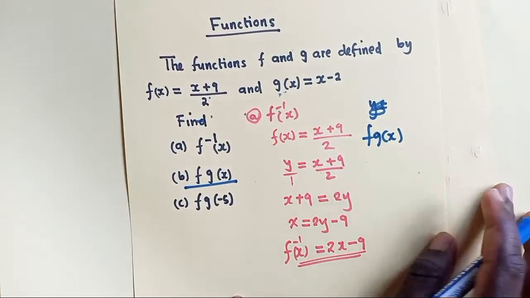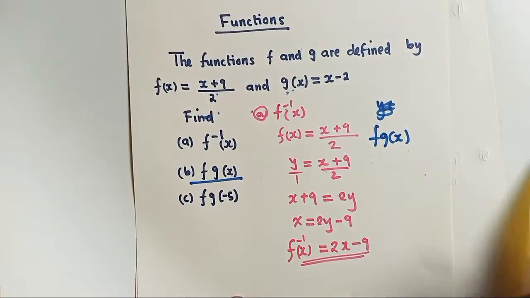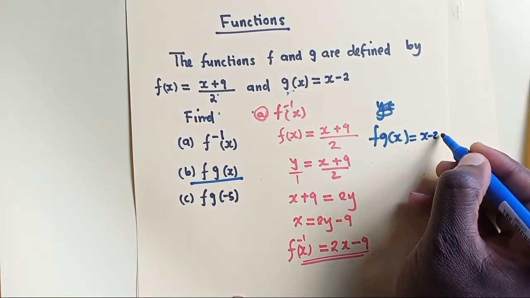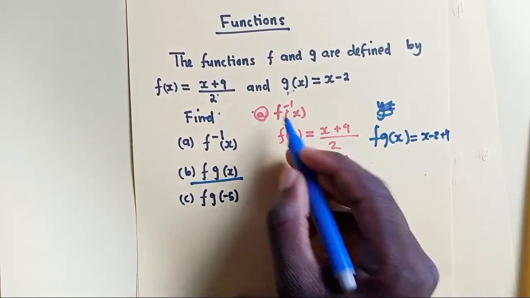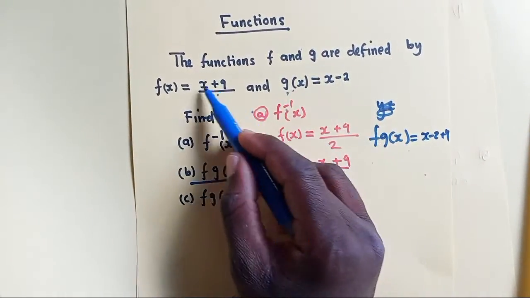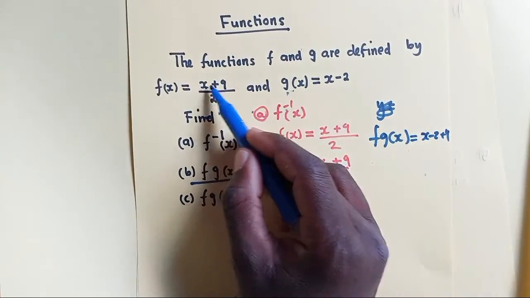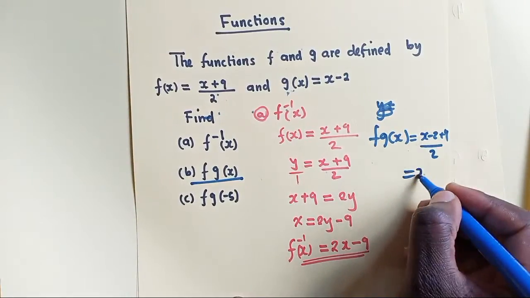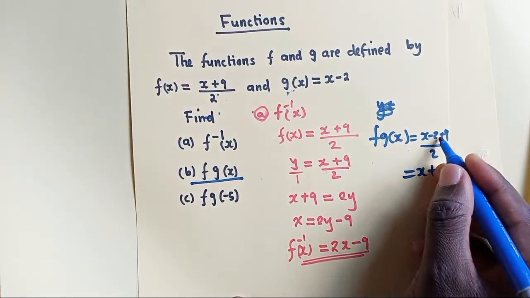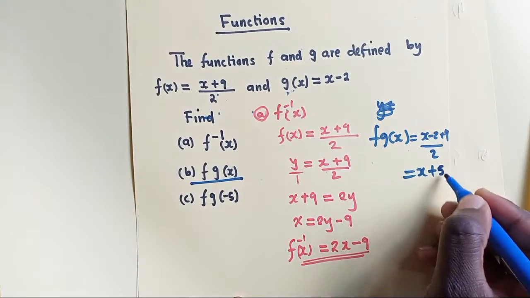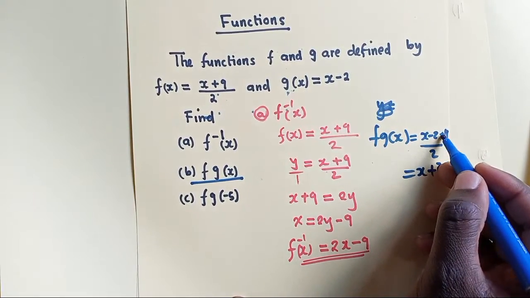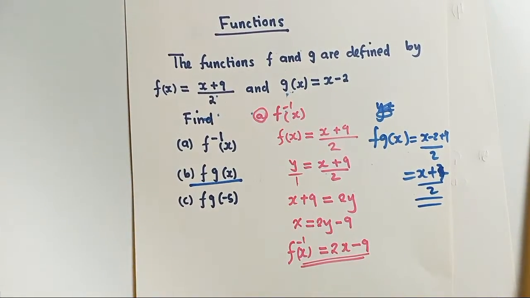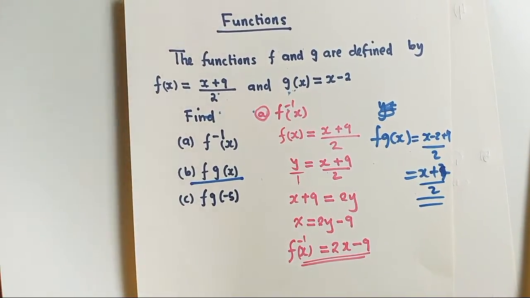Hopefully, Joseph, you can see it will be equal to x minus 2 plus 9, so x minus 2 will be here, and plus 9 here over 2, such that when we work out here, we have a positive 7, because negative 2 plus 9 is positive 7 over 2. So that's how we found that answer, Joseph.